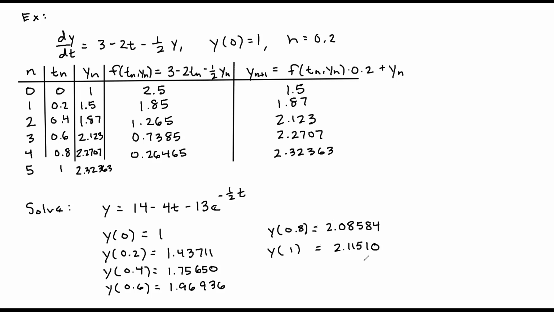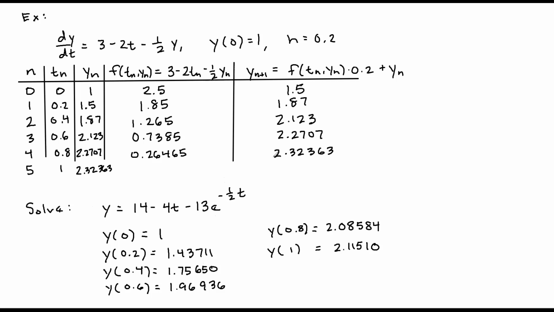All right, so this is an actual function that you could plug into the differential equation that makes it true, and these are the corresponding points. A function is made up of points if you plug them in, and so we can compare the points that you'd get if you actually solved it using symbolic manipulation to the points that we got by solving it using the slopes and line segments.